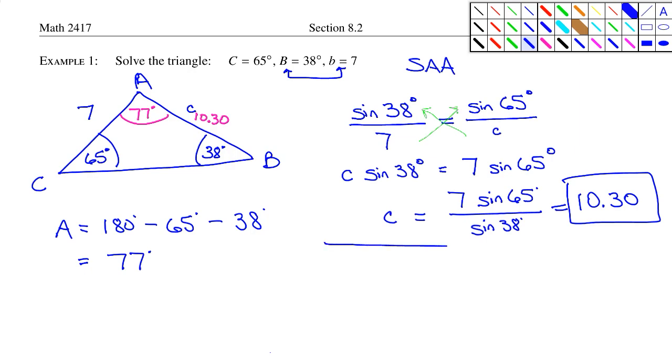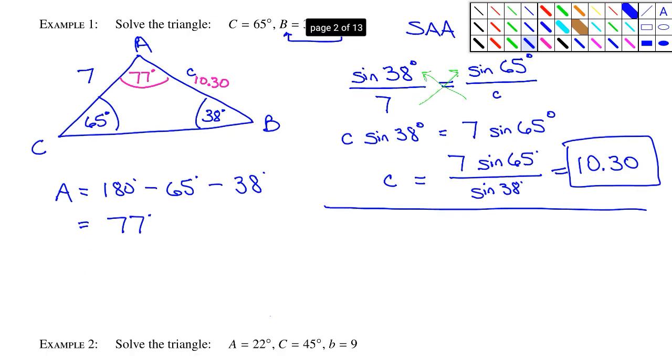Lastly, we need to figure out the length of side A. So this is going to be the sine of 38 degrees divided by 7. Again, I'm using an original pair of information because that contains the most accurate information about the triangle. That is equal to the sine of 77 degrees divided by little a.